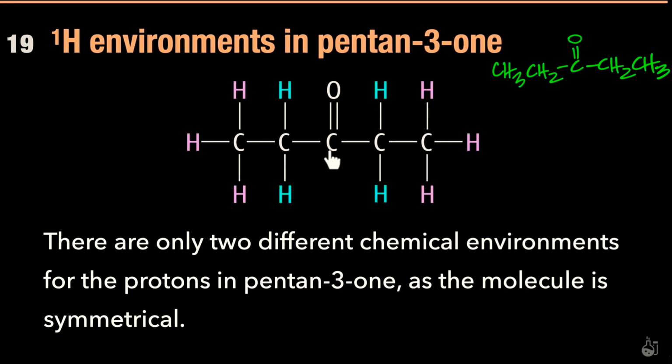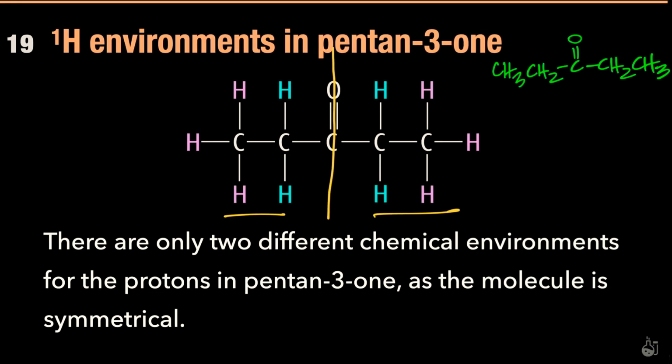Now, first of all, there are only 4 carbons that have hydrogens, not 5. This one has no hydrogen. Now, when I look at the molecule, it seems to me that if I make the line of symmetry here, the two sides are symmetrical. This side is CH3, CH2. This side is also CH3, CH2.